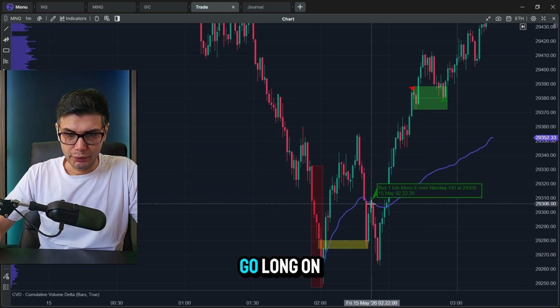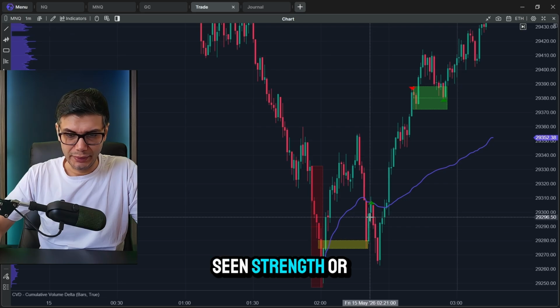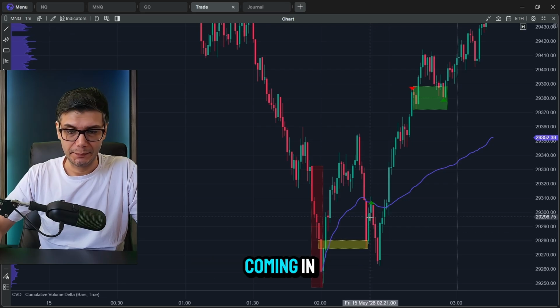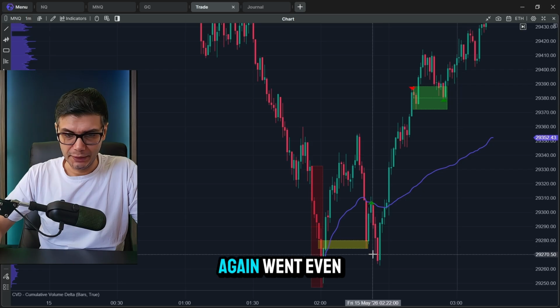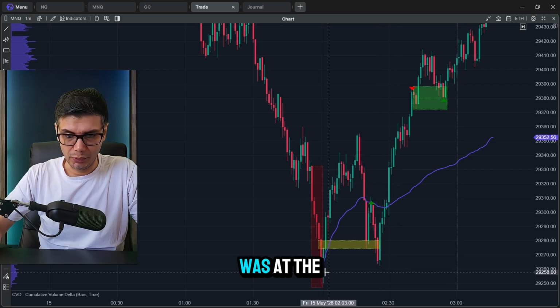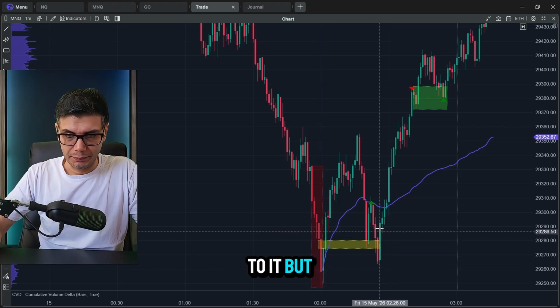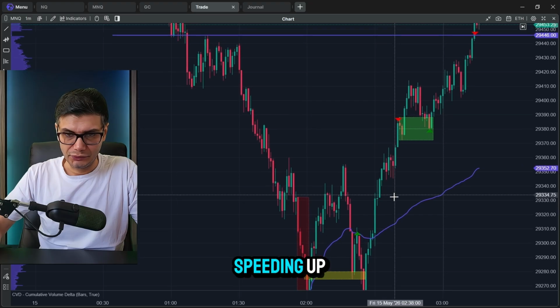I decided to go long on the second candle because I have seen strength, or aggressive buyers, coming in. The price dipped again, went even below the gap, but my stop was at the close of this bearish candle. Went very close to it, but inverted and started speeding up.